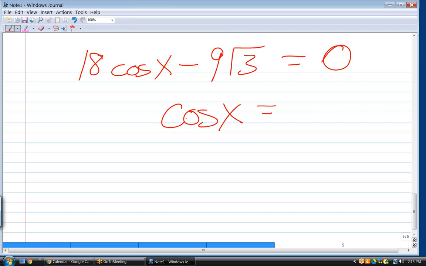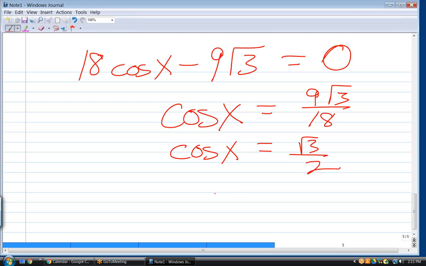Yeah, I'm going to skip a step here, assuming you know how to solve that. You add 9 root 3 and then divide by 18. Then what does that simplify to? It would be cosine x equals root 3 over 2.